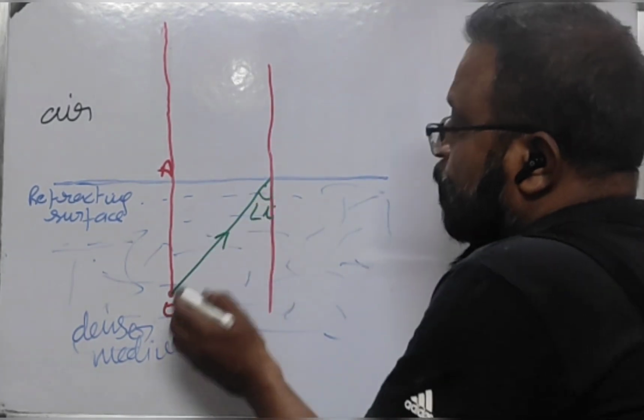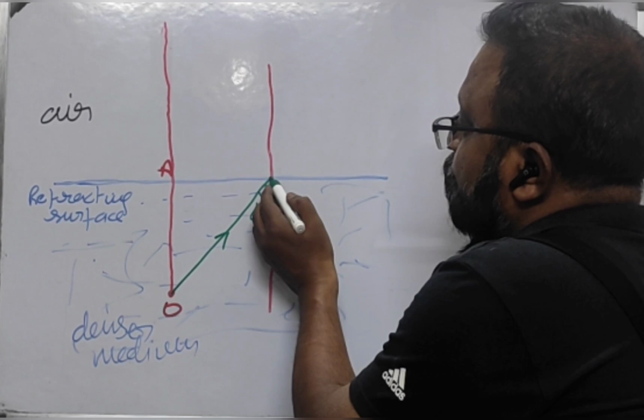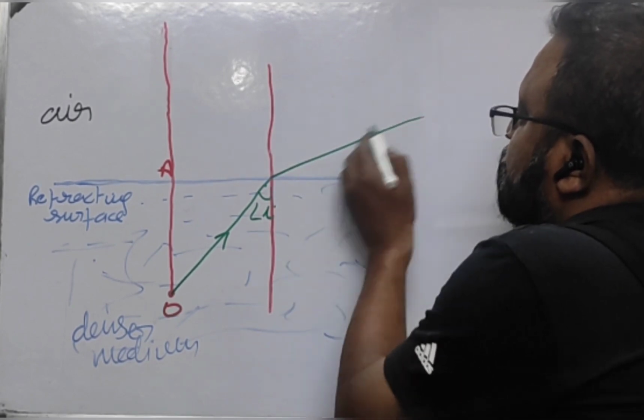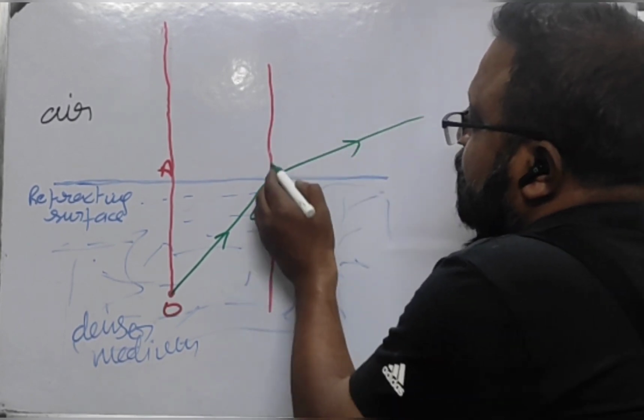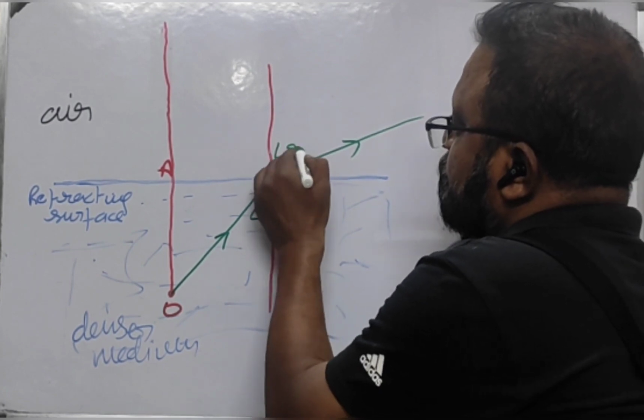When it goes from denser to rarer medium, it goes away from the normal. This is the angle of refraction.